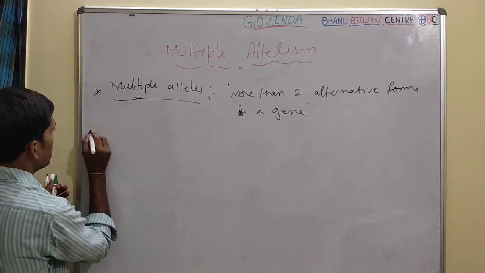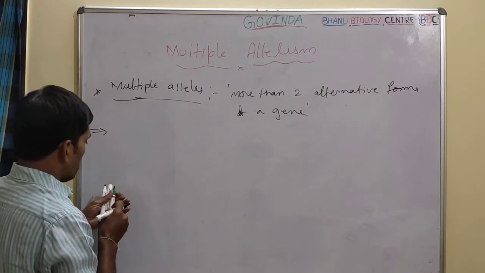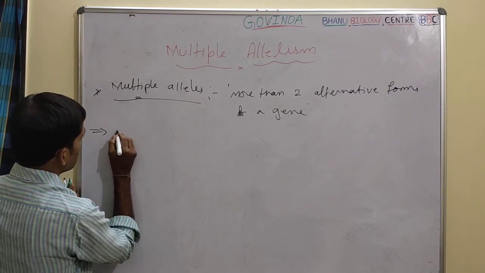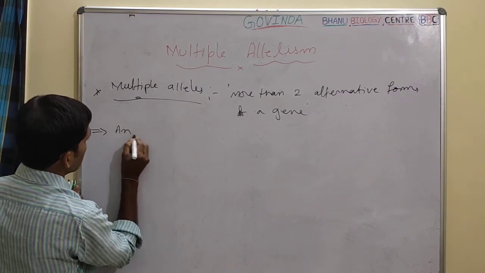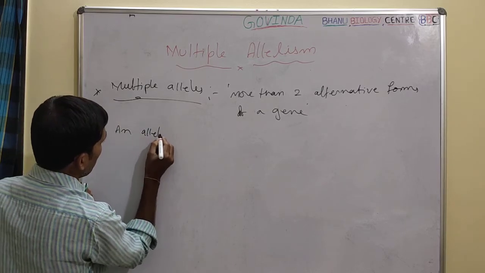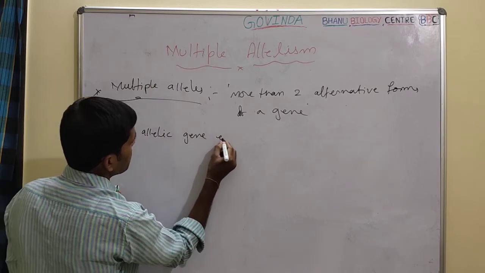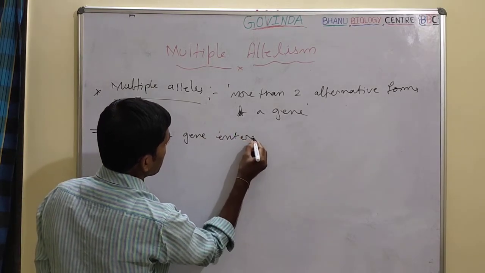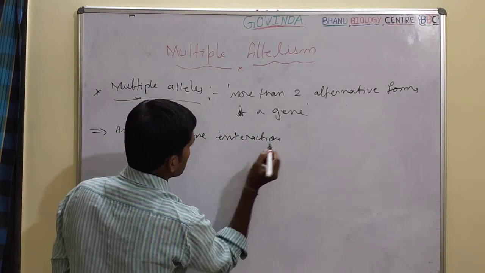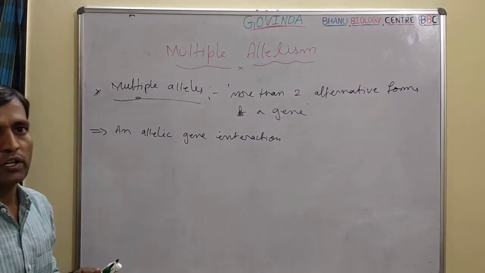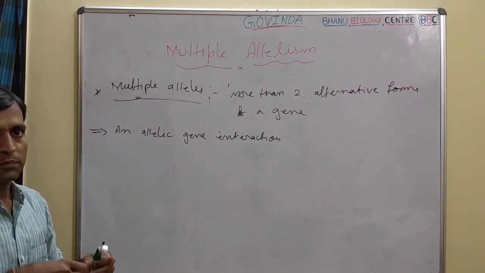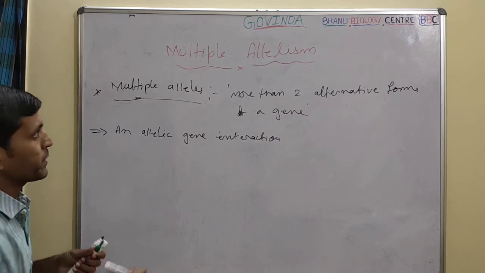Next, multiple allelism is an allelic gene interaction. Alleles play an important role in expressing the character in the offspring.